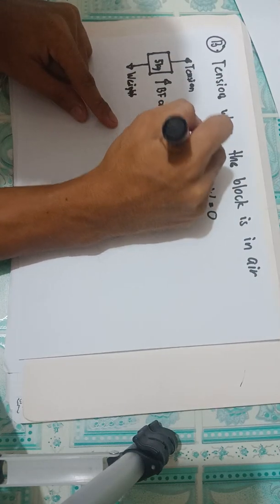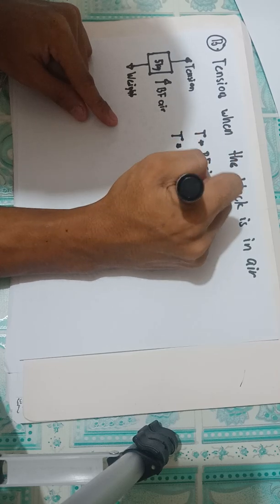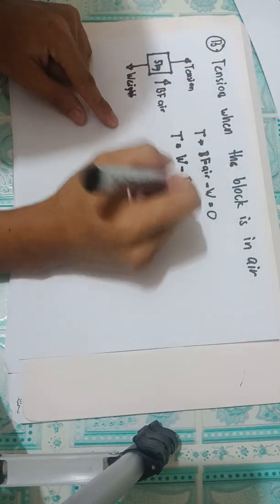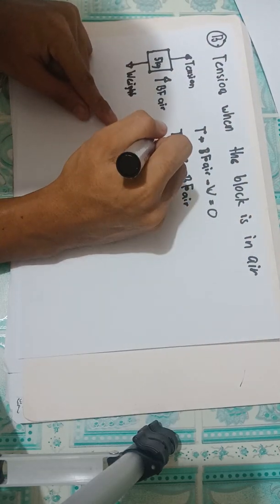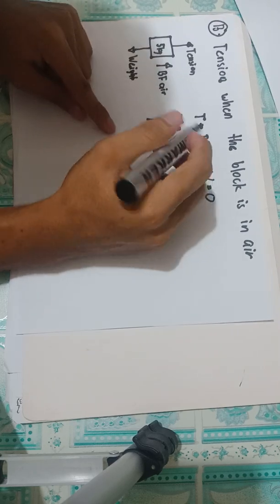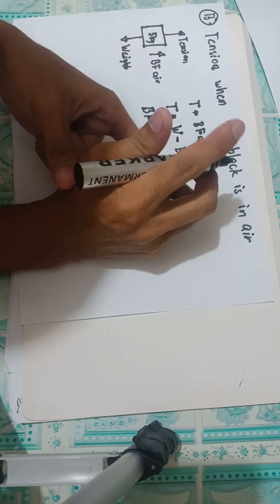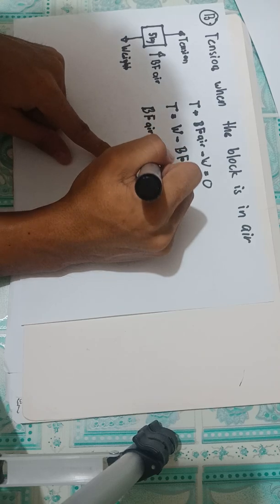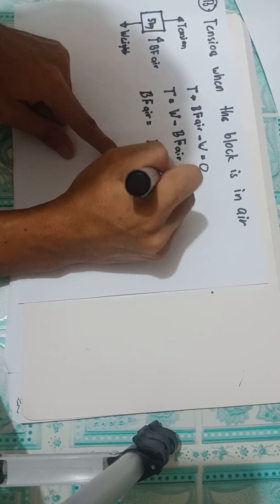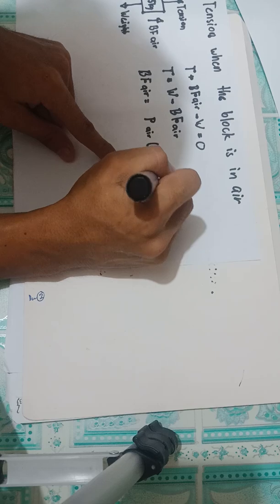So we can already solve for our tension, that is equal to weight minus buoyancy force of air. So we will get our buoyancy force of air. Buoyancy force of air is equal to the density of air times gravity times the volume displaced.